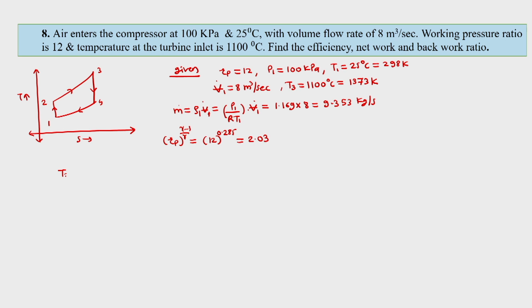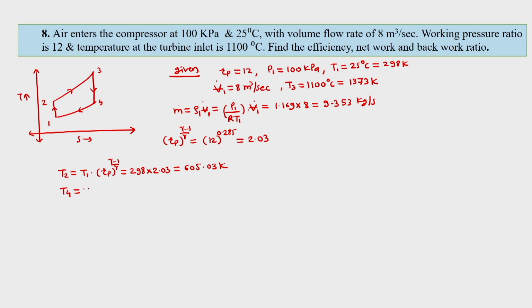So let us first find out T2, which is equal to T1 into Rp raised to (gamma minus 1) upon gamma. So 298 into 2.03 is going to give us 605.3 Kelvin.